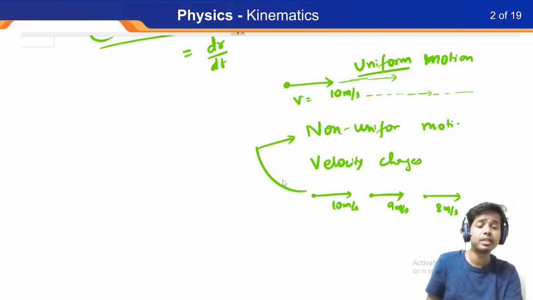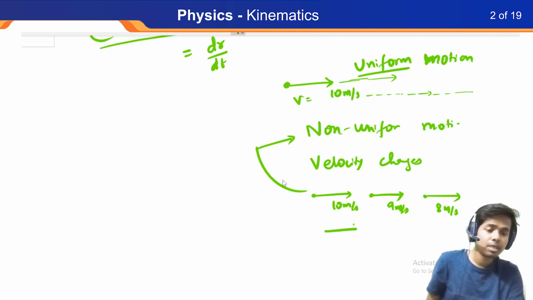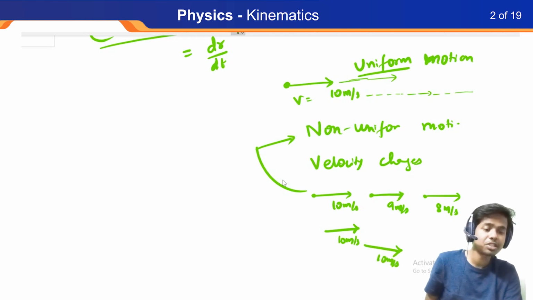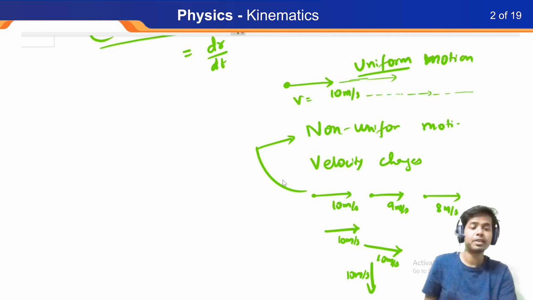So that will definitely be non-uniform motion. But there can be another type of motion which may look to be uniform, but it is not. For example, this is 10 meter per second initial velocity. After 1 second, it has a velocity of 10 meter per second, but in a different direction. After certain time, maybe it has a velocity of 10 meter per second, but in a different direction.